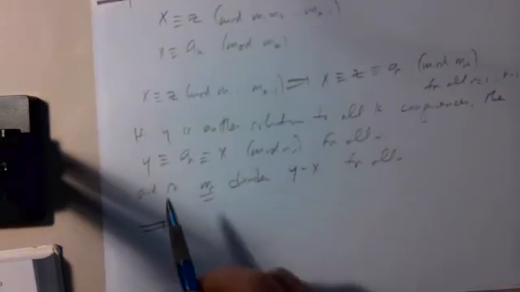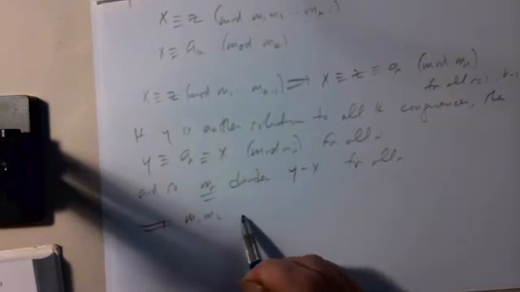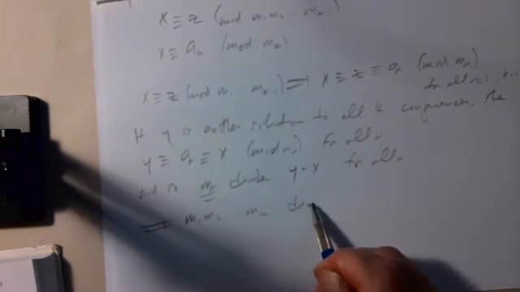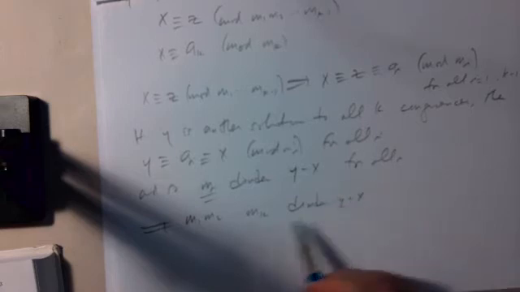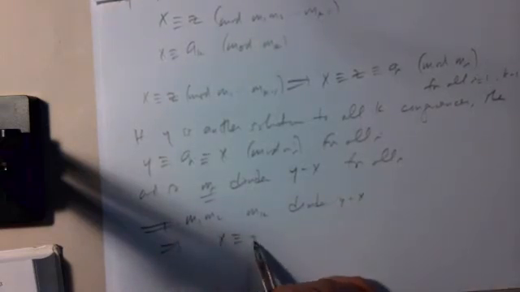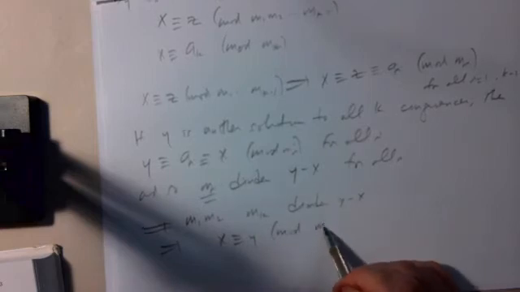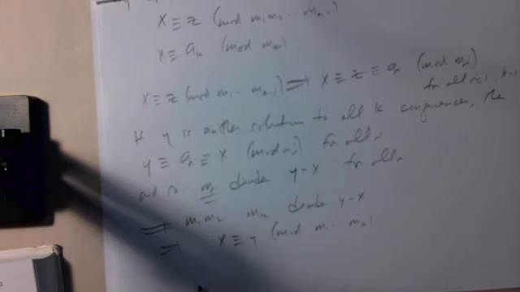But because these moduli m sub i are pairwise relatively prime, their product divides y minus x. Or in other words, x is congruent to y modulo m1 up to m sub k. So if you have one solution to the k congruences, then there's exactly this one congruence class, which consists of all solutions of the congruences. So that is the proof.